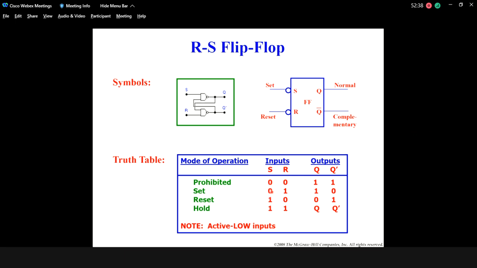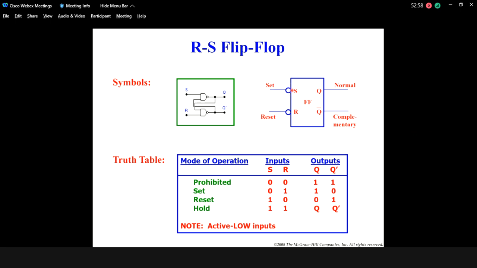So when you give 0 to S and Q becomes 1, this one is noted as an active low input. In the symbol, we know it is active low if we have this circle like that.